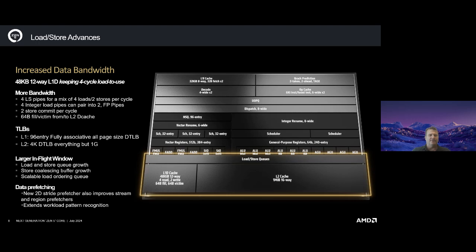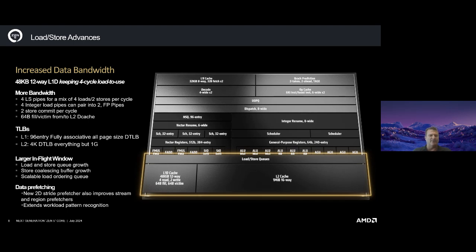On the load store unit, as I mentioned, we grew our cache from 32K to 48K. It's now 12-way. But really, the design team's proud of it: they kept that 4-cycle load to use penalty. As you grow caches, it gets harder because it's bigger. They'll keep the latency down, but they were able to hold the latency and not add a cycle for the larger cache.